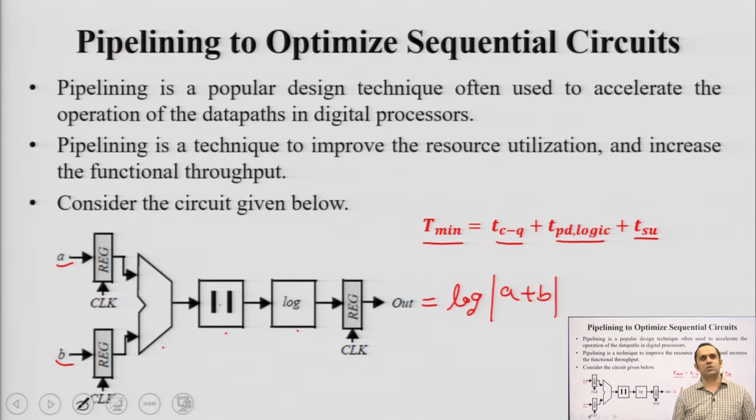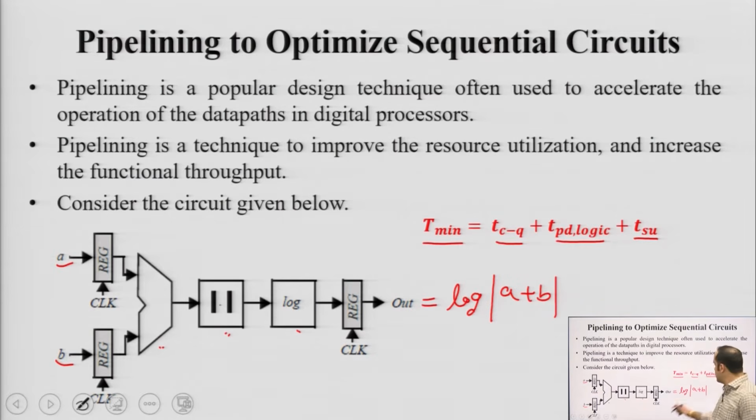For the remaining 2/3 of the clock period, there is absolutely no use of two of those logic stages. That is not a very intelligent use of resources, where one of the logic blocks is only active for 1/3 of the clock period. If at one clock period it takes the adder, at the next clock cycle it will take the absolute value, and at the next clock cycle it takes the log.